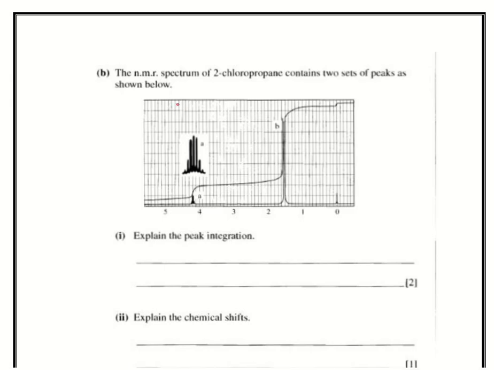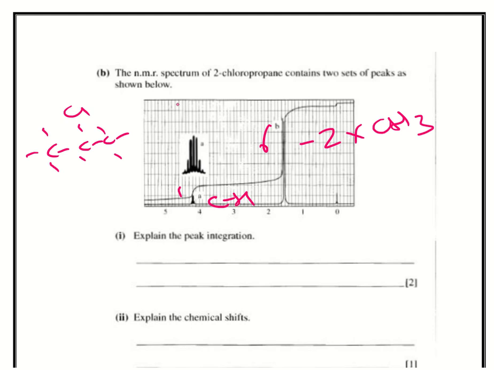Okay, here we have 2-chloropropane. Again, draw it out. I think we had 2-bromopropane earlier, so this is pretty much the same question. Explain peak integration. Well, peak integration there is going to be a 1 to 6. And the reason why we would say that is we have 2 CH3 groups in one environment and 1 CH in the other environment. Explain chemical shifts.